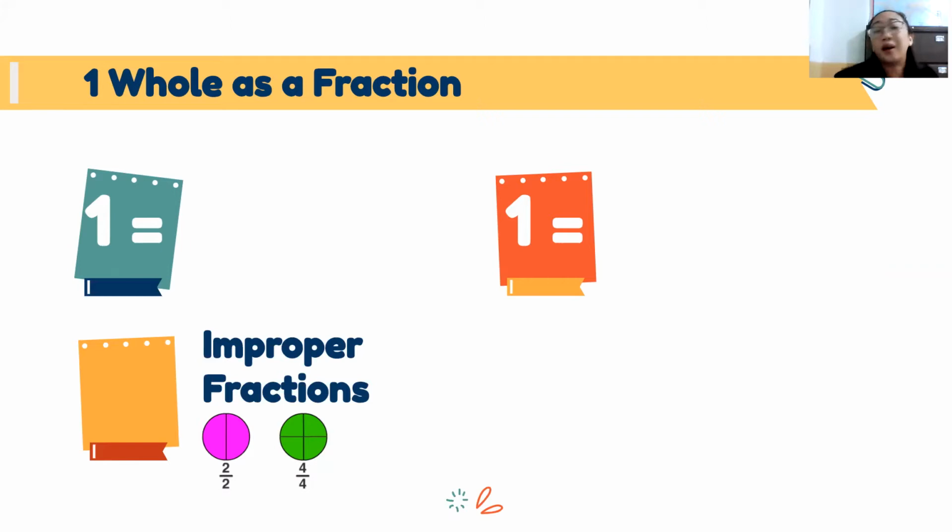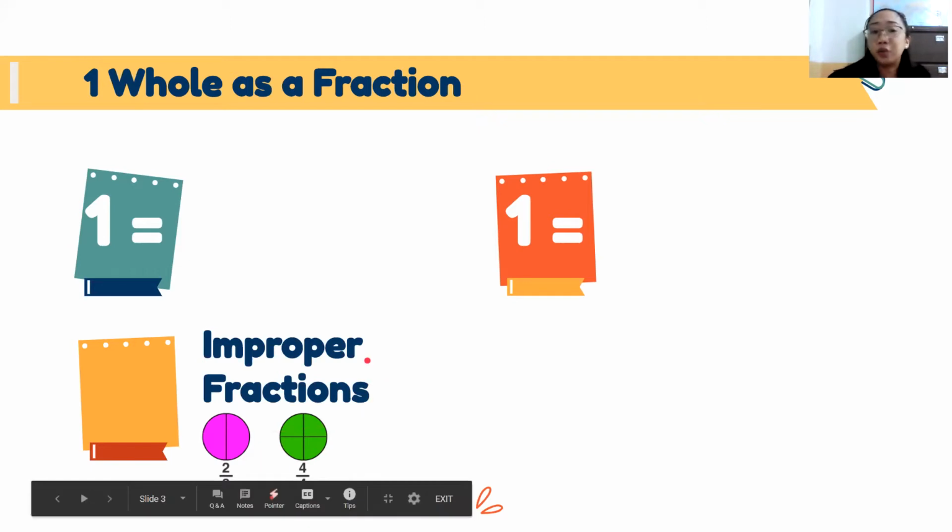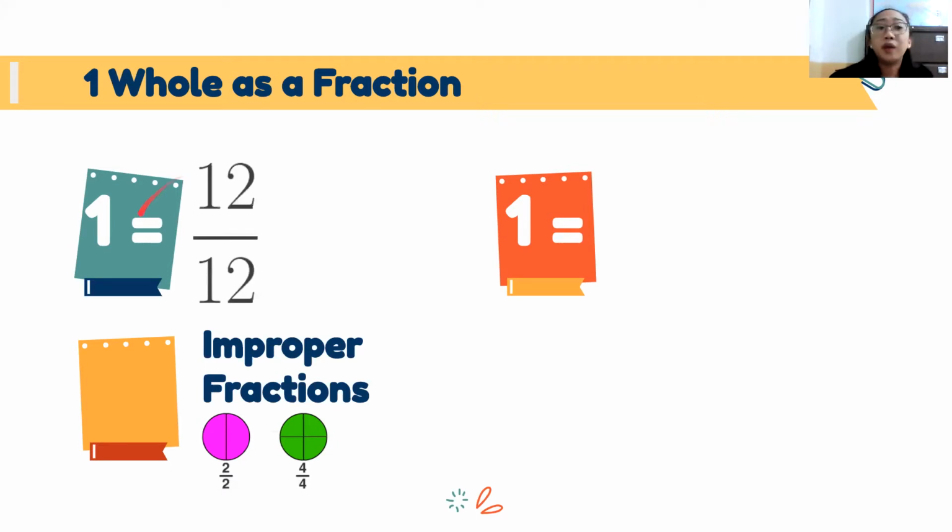So a way to show one whole is by writing the improper fraction 2 over 2, 4 over 4, or any number over the same number. As long as they're the same, it represents one whole.